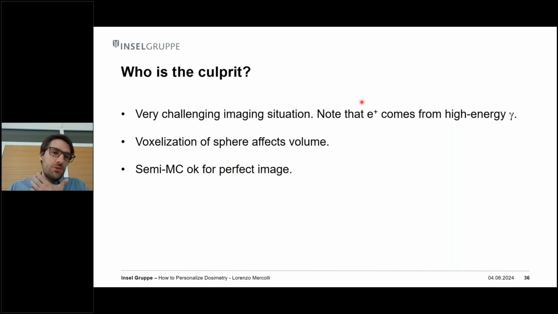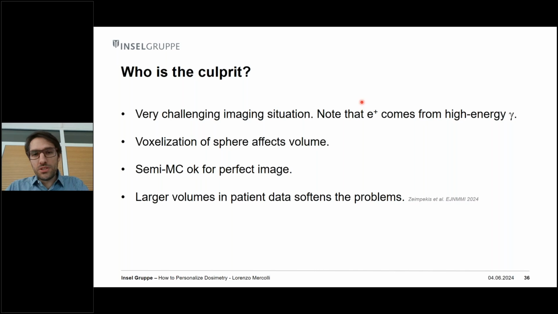This I already told you, semi-Monte Carlo is okay for a perfect image. And if you look at larger volumes, which we did in the patient data, where we typically have larger tumor volumes, this also softens the problem of not considering the spill out dose.